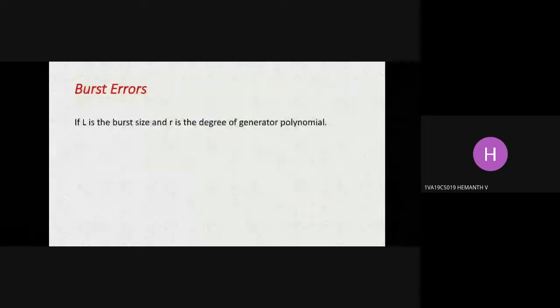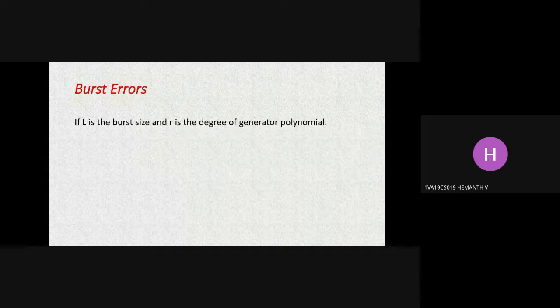Next, we'll move on to finding burst errors. Burst errors is where two or more bits might have changed when it is delivered at the receiver end. So let's start with this. Let's consider L is burst size and R is the degree of generator polynomial. So what is the degree of generator polynomial?